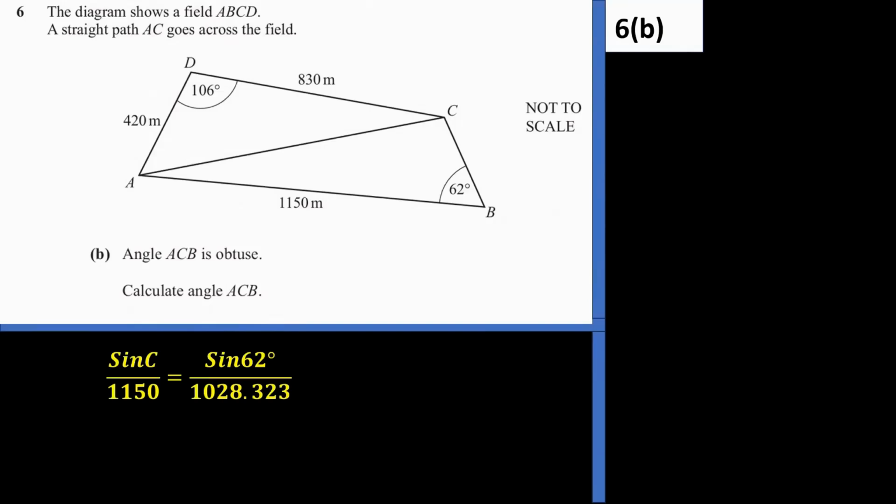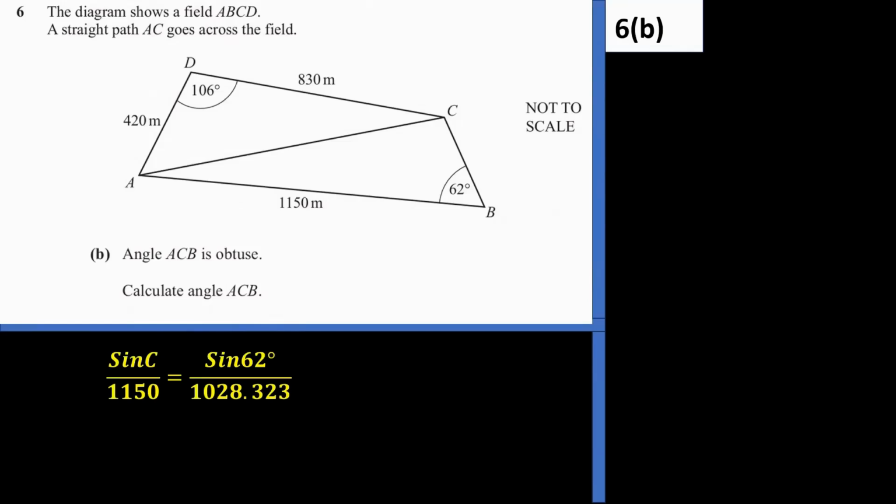So let's find it. In triangle ACB, we use the sine rule. Sine C over 1,150, which is the line AB directly facing angle C, is equal to sine 62 over the line directly opposite, which is line AC, and we calculated line AC as 1028.323.